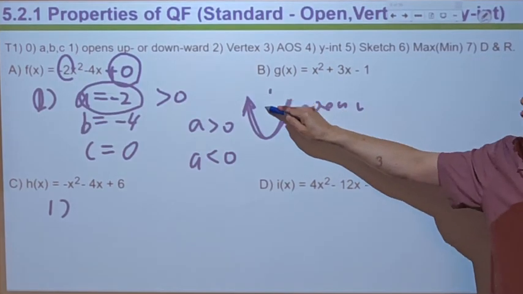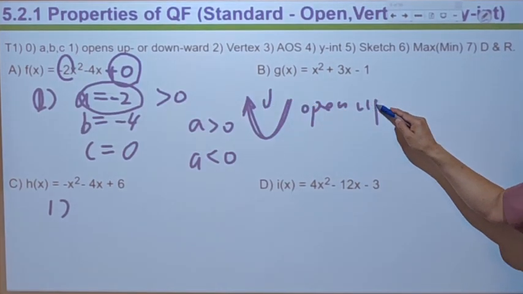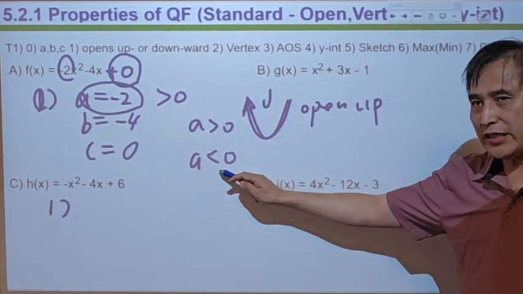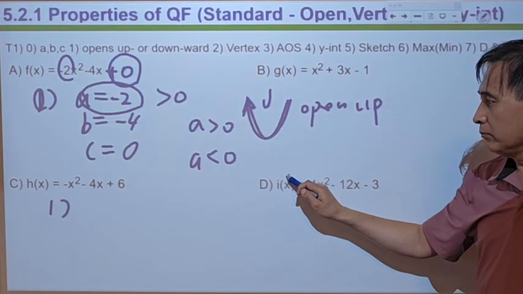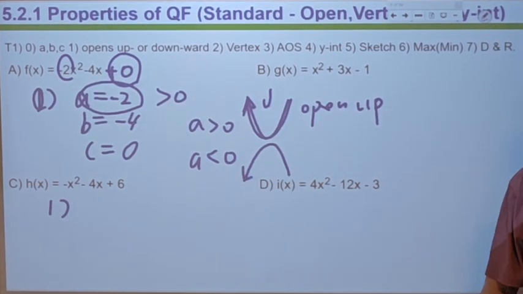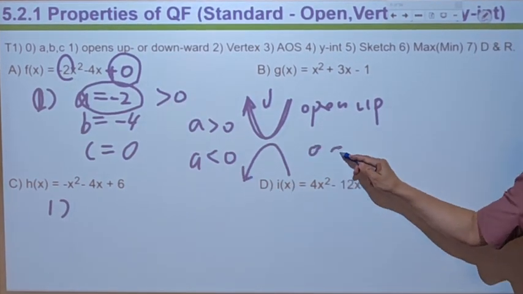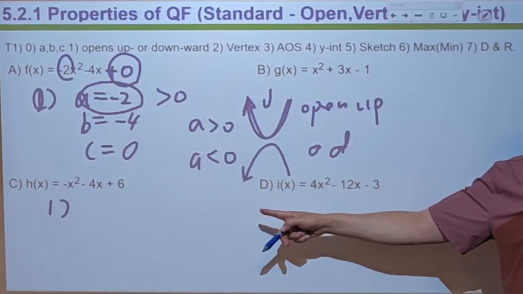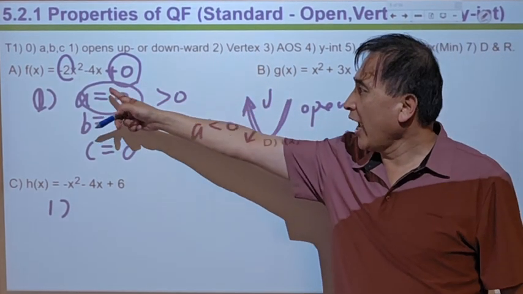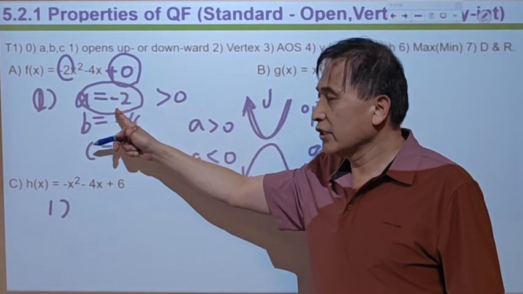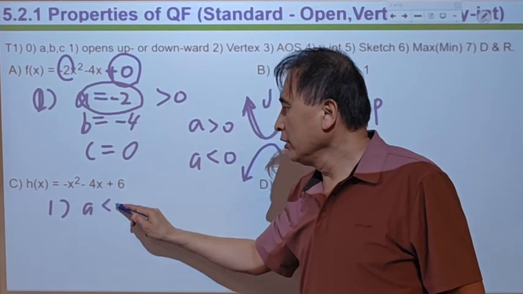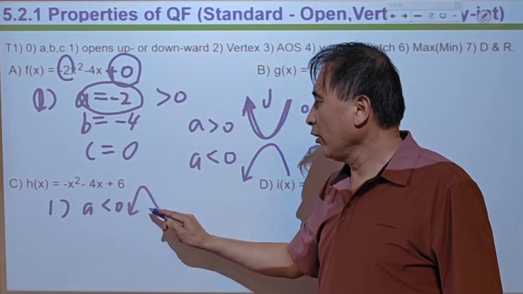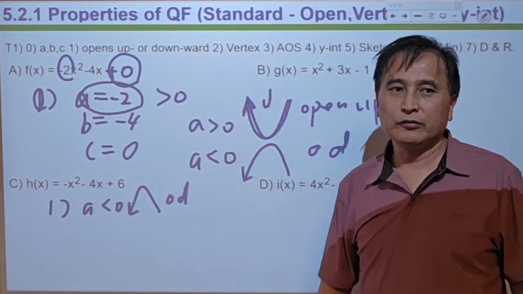And when this is negative, starting from the bottom, like that, then it opens downward. Everybody got it? So in this case, a is -2, so it's negative. A is smaller than 0. The graph is something like that, and opens downward.